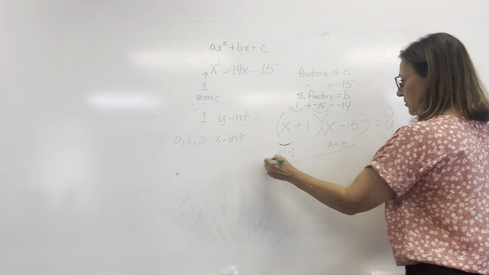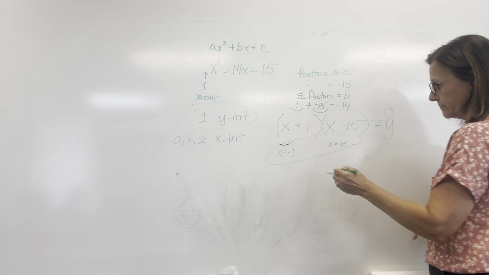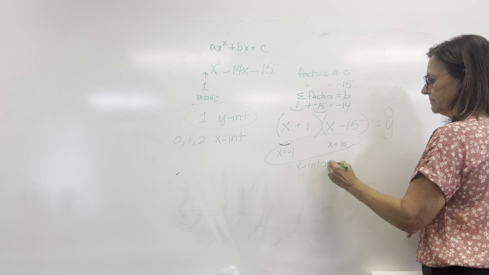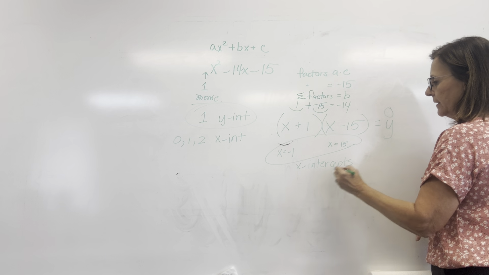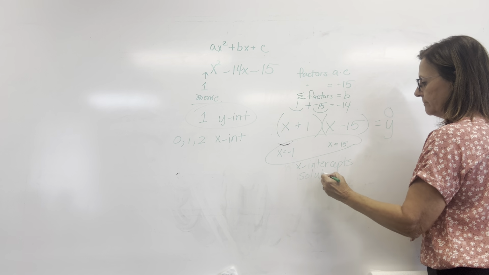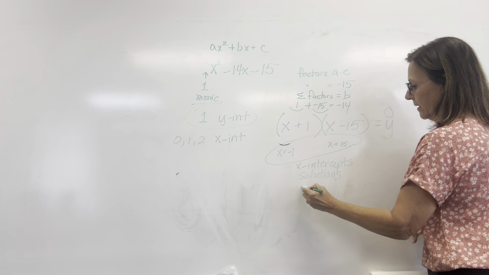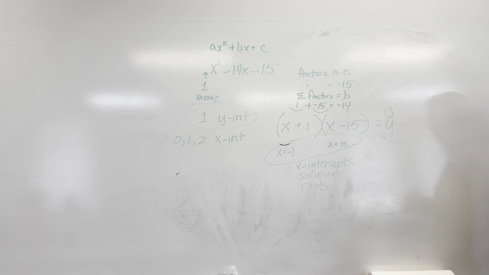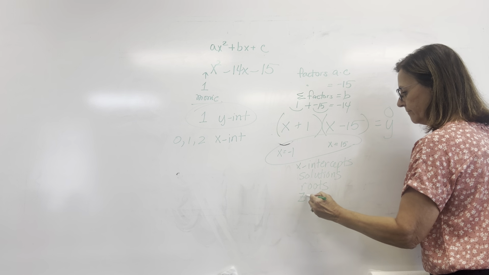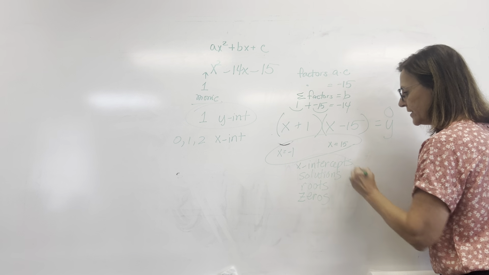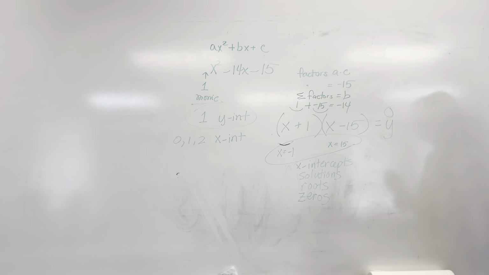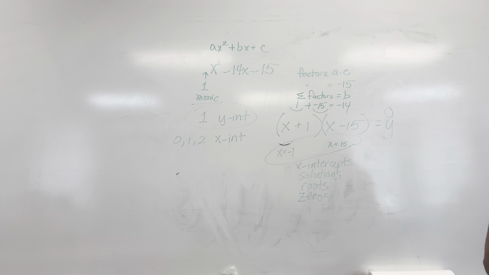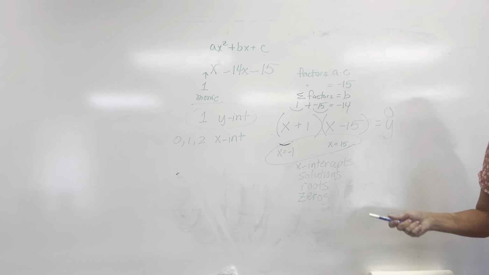These are called by different names. They're your x-intercepts. They're solutions. They're roots. They're zeros. All these terms mean the same thing. And I'll say them all year long because we will use them.